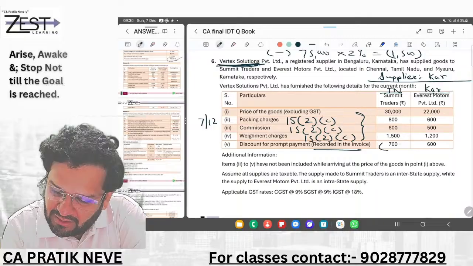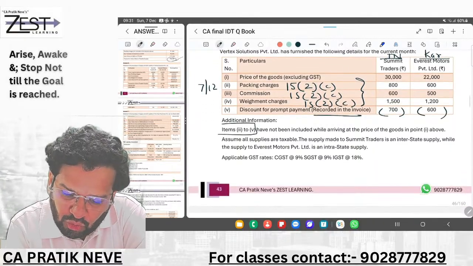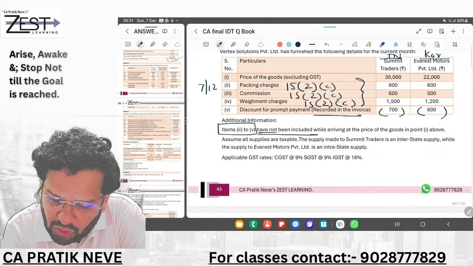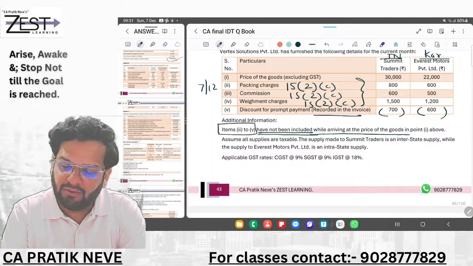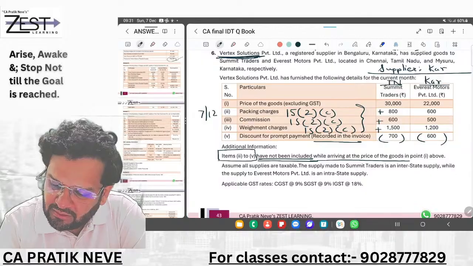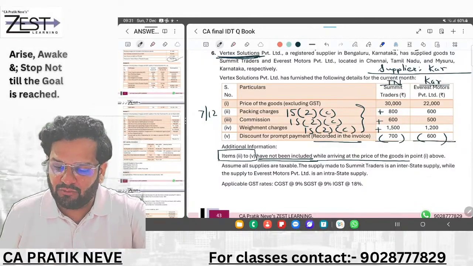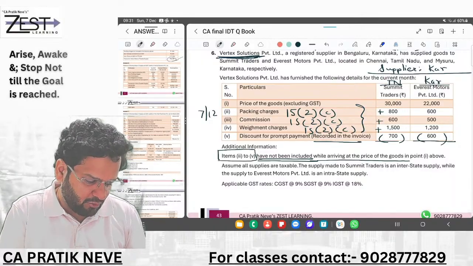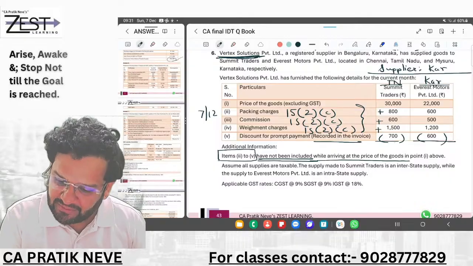Discount I should minus. They have given you items 2 to 5 have not been included while arriving at the price of the goods. Very good. So you will do add, add, add, and this minus. So tell me finally, what is the assessable value? 30,000 plus 800 plus 600 plus 1,500 minus 700.